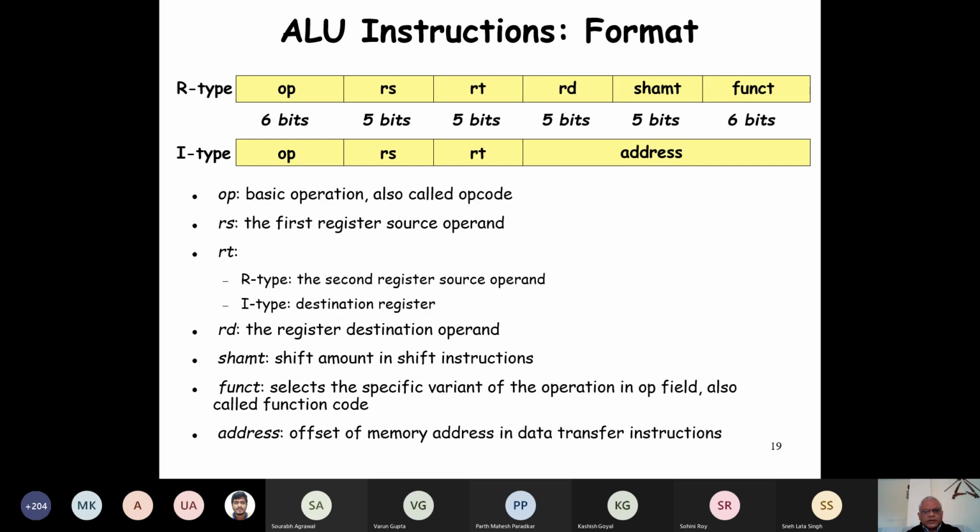Now let's look at the instruction formats a little bit before we start writing longer code and procedure calls and so on. We'll write bigger programs, but before that, let's look at the format. The R type are the register operands, and here the destination register is encoded in 5 bits because there are 32 of them.